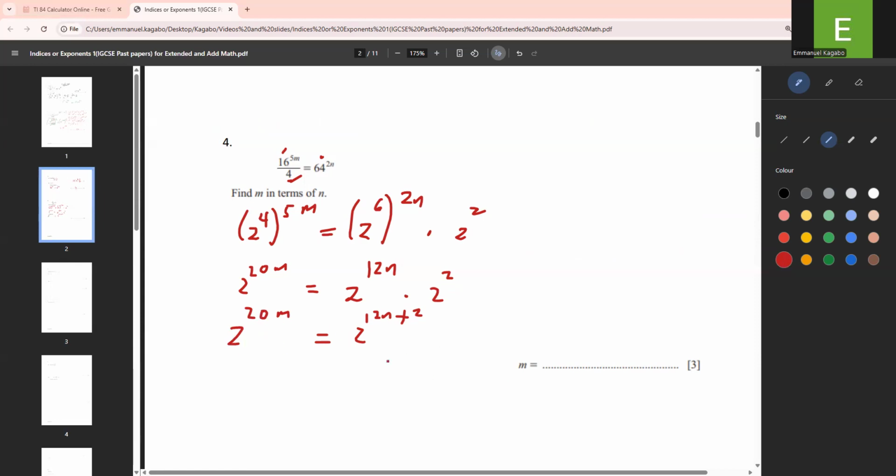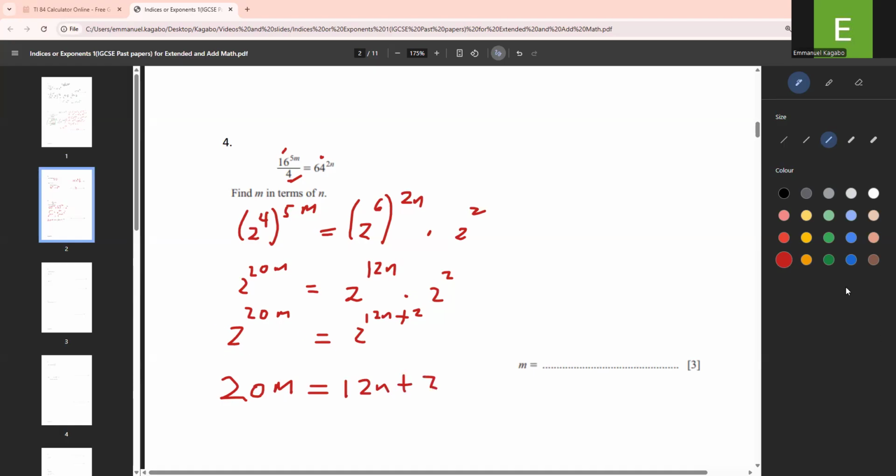Now, there is an equal sign. So if bases are equal, powers are going to be equal. So that means I'm going to get 20m equals 12n plus 2. Let me repeat what I'm saying here.